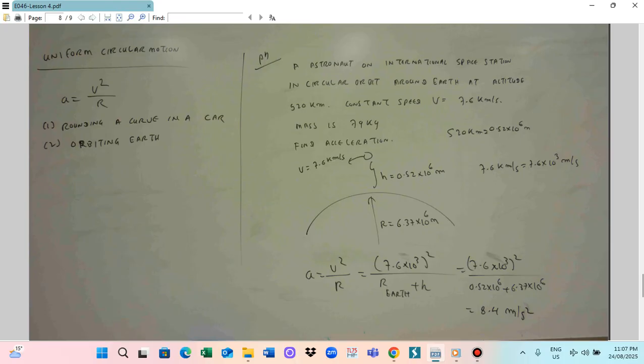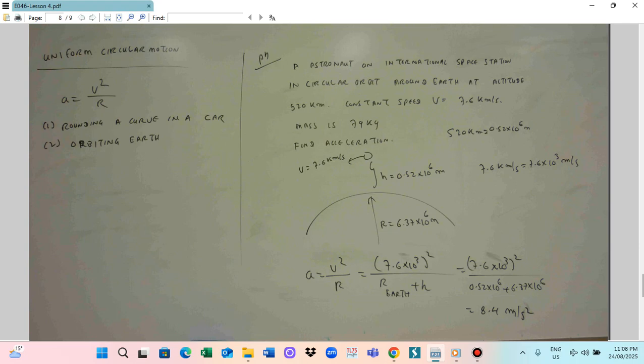So those cases are moving in uniform circular motion. When you are using uniform circular motion, in this case we still use the same formula to make the calculation. So this is for the uniform circular motion calculation.